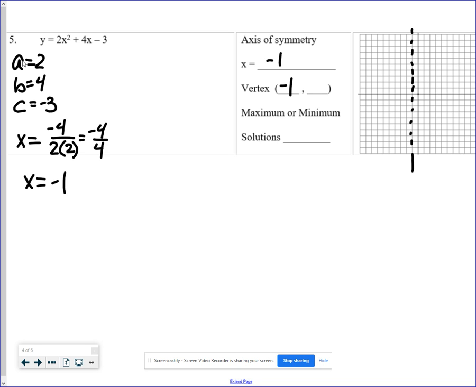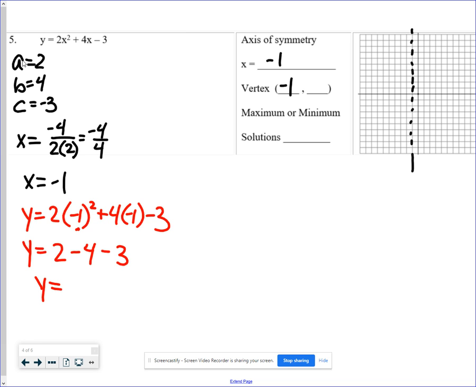Then to find the y, I would put a negative 1 in for the x. So I would have y equals 2 times a negative 1 squared plus 4 times negative 1 minus 3. I'm going to show all the substitution on this one for sure for the vertex. Negative 1 squared right here is 1 times 2 is 2. 4 times negative 1 is negative 4.